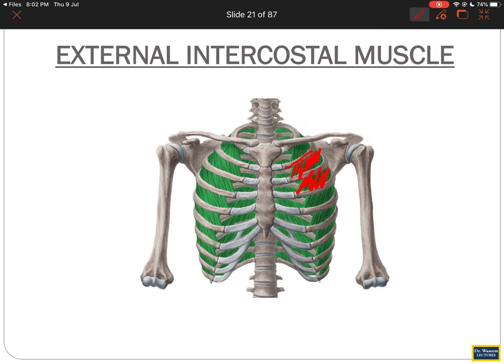So, the ribs will be lifted, especially the upper 6 ribs, and the sternum will be lifted also. The anterior posterior diameter of the thorax will be increased, pressure will become less, and inspiration will become easier. So, it is a muscle of inspiration, but usually it is used in forced inspiration, because in normal inspiration usually the vertical diameter is increased by depressing the diaphragm down towards the abdomen to increase the volume space inside the thoracic cavity.